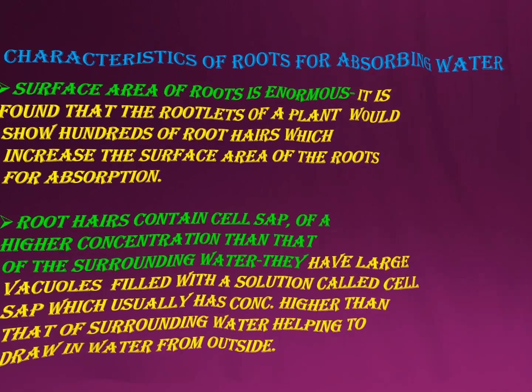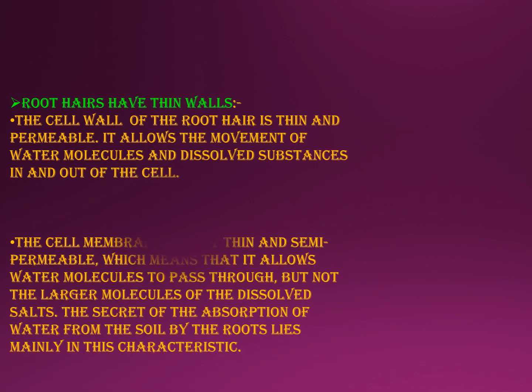Next point is that root hairs have thin walls. They're made up of a single cell, I told you. The cell wall of the root hair is very thin. Because it is thin and permeable, water molecules can easily move into the cell from the surrounding soil. Next to the cell wall is the cell membrane, which is also very thin.